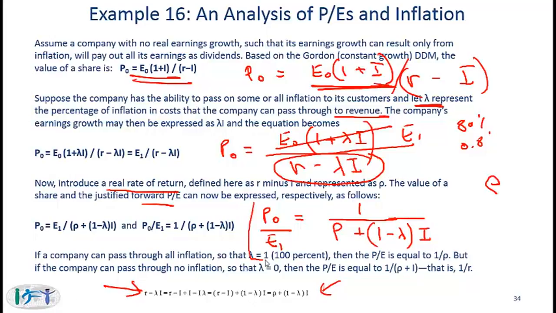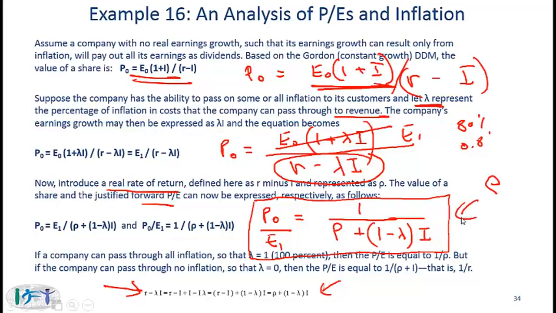After that, you just remember this relationship, which says that the PE ratio for a company that doesn't have any real growth and can pass on lambda percent of the input inflation to customers is given by this.